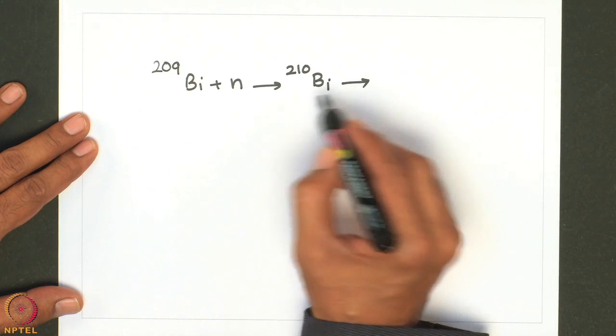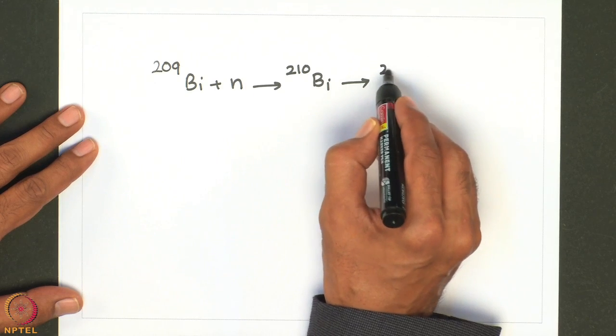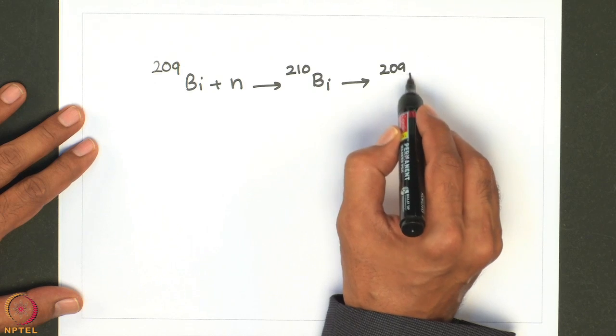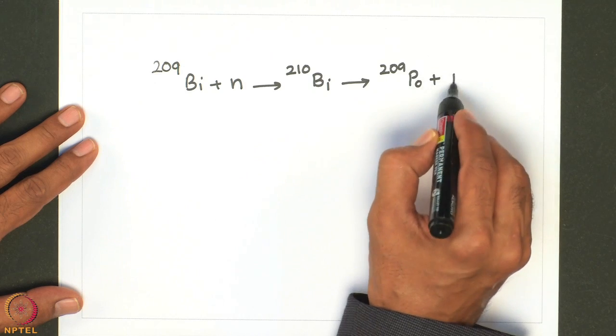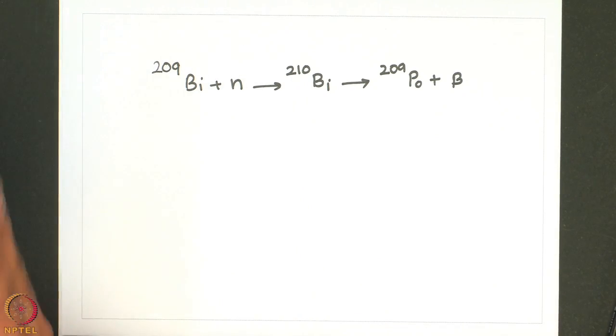Which eventually gives 210 bismuth, that eventually emits beta to give 210 polonium. So, this is the artificial method of preparation of polonium.